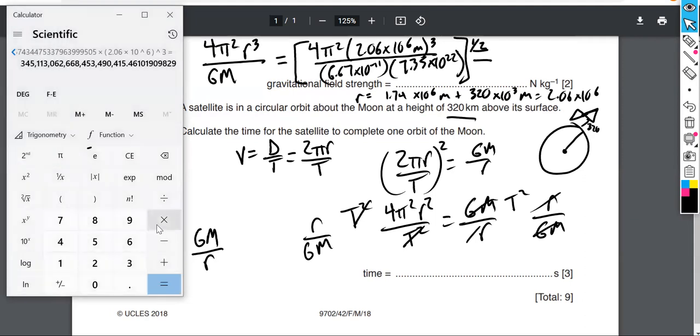All right. Divided by G, which is 6.67. Note the use of grouping symbols when you're dividing by something in scientific notation. That's something we talked about before. Finally, divide by the mass.